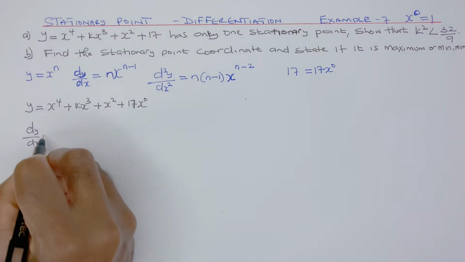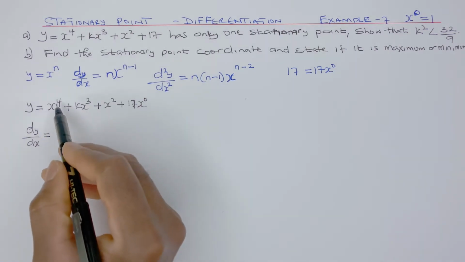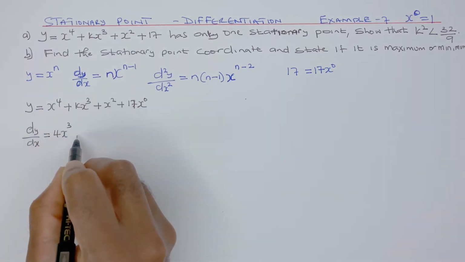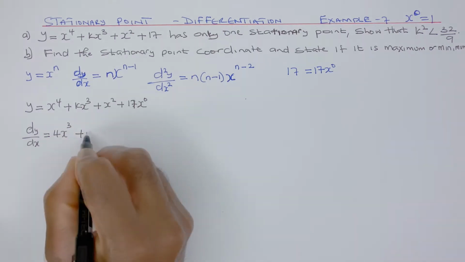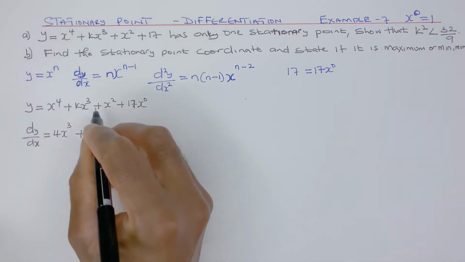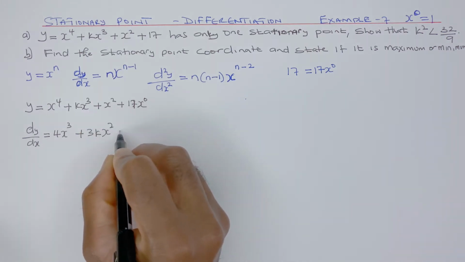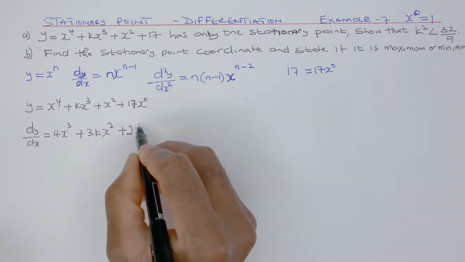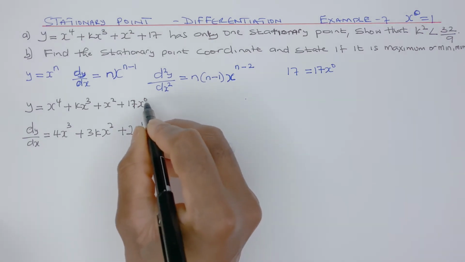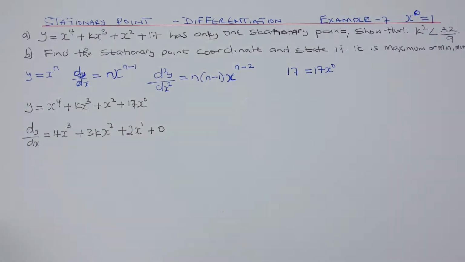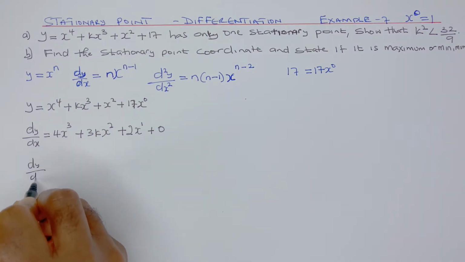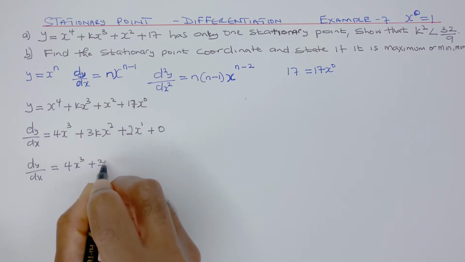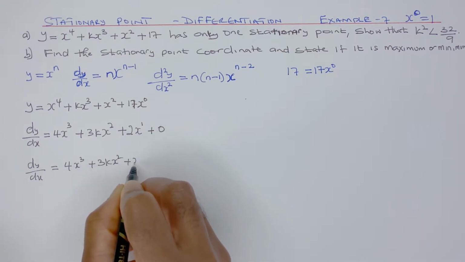dy/dx will be equal to 4 times 1 x to the power 4 minus 1, which is 3, plus 3 times k, 3k x to the power 3 minus 1, 2, plus 2 times 1, 2x to the power 2 minus 1, 1, plus 0 times 17, that's 0. Therefore, dy/dx equals 4x cubed plus 3kx squared plus 2x.